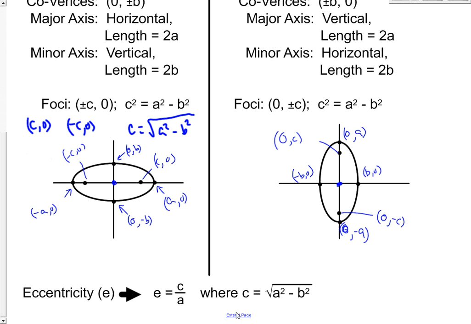There's also a thing called eccentricity. The eccentricity is found by taking the value of c and dividing by the value of a. You just leave it as a fraction most of the time.